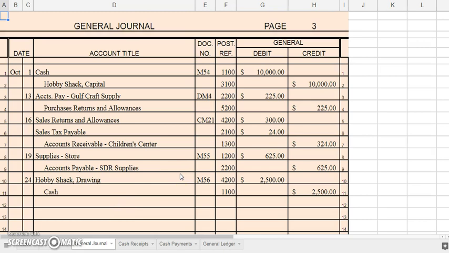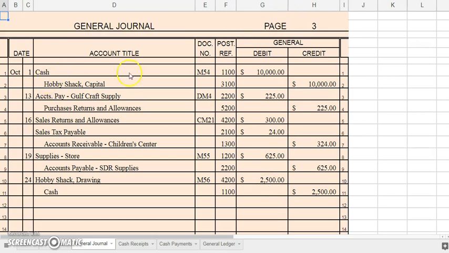Okay. The General Journal is probably where you're going to spend the most of your time. And unfortunately, the General Journal is going to be very similar to how you did it in first semester when you were working with a small business. Unfortunately, because all of these transactions have individual accounts and individual amounts, we can't just total them all up and put them in one place like we are able to with the sales of the purchases journal.